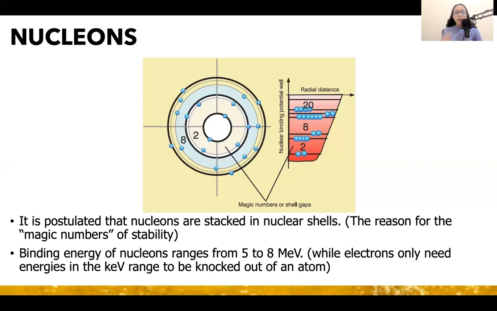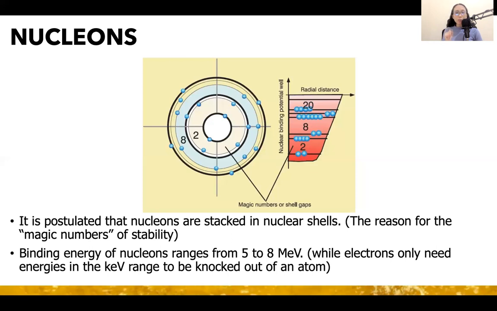So, again, if the number of protons or the number of neutrons in your atom, either one of them, is equal to one of these magic numbers, that nucleus is particularly stable and the atom does not undergo any nuclear reaction.